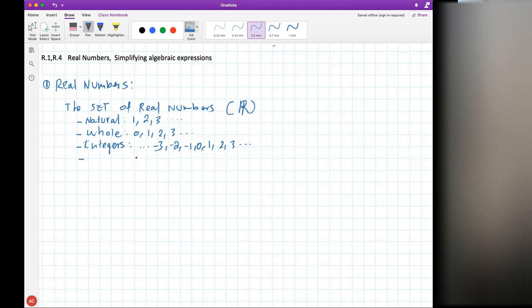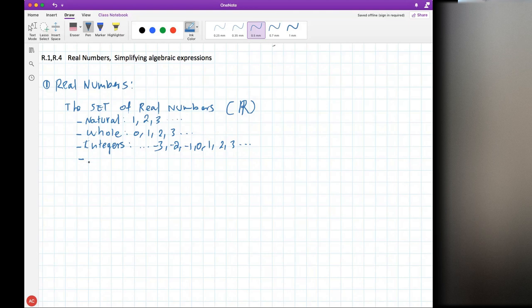What else are we missing so far in these groups? Think about all the other types of numbers that you know. The fractions? Like 1/4, like 1/3. That's right, the fractions.